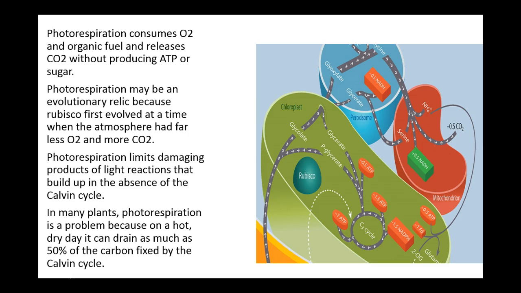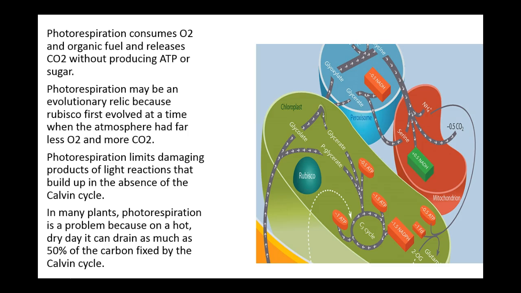But at any rate, with the C3, C4, and the CAM plants, each of them have adaptations. The C3, the least adapted. And by the way, that 3 comes from how many carbons go into the original Calvin cycle.